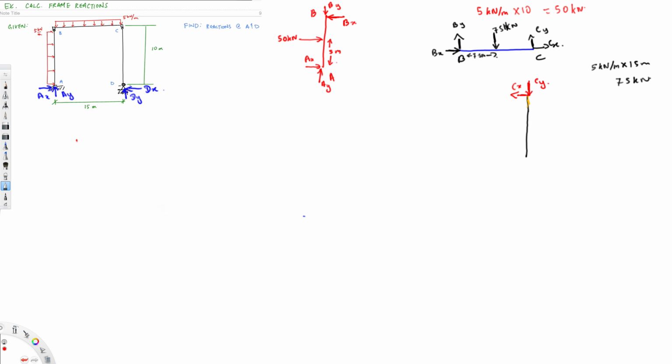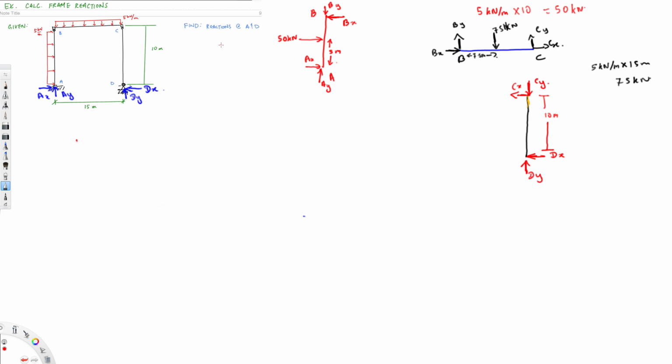We have not two members, three members actually. So we have DX and DY right here. Let's put DX and DY down here, and this is a 10-meter height. That's all we have.